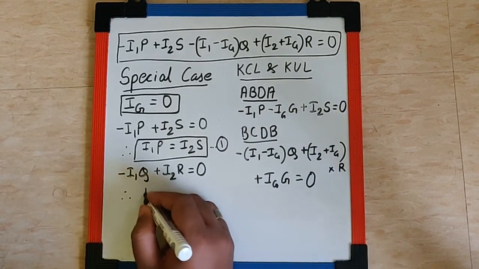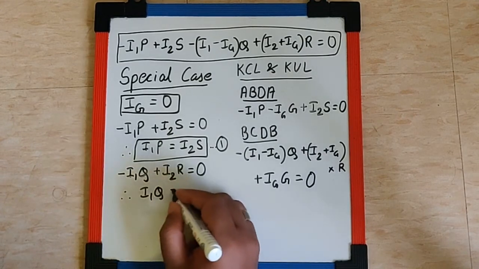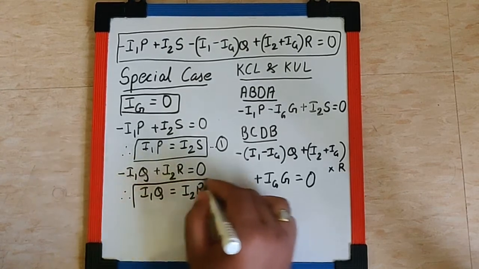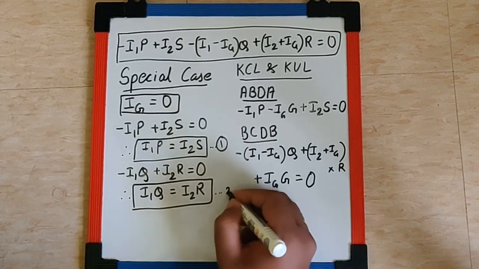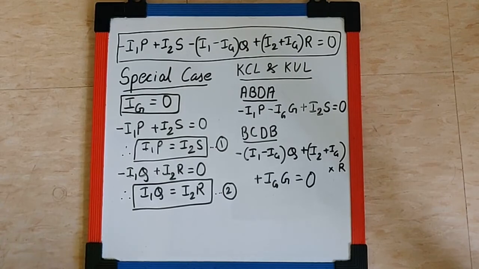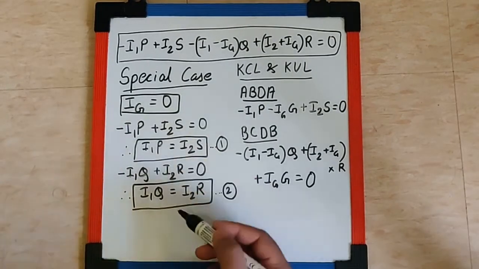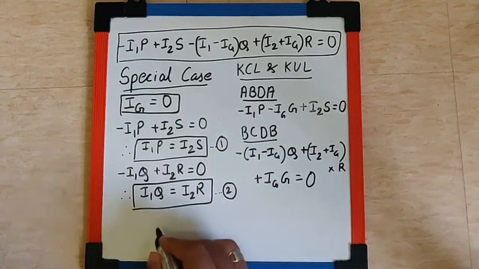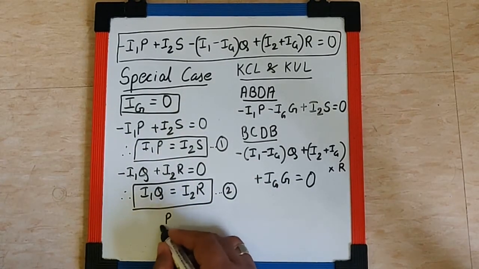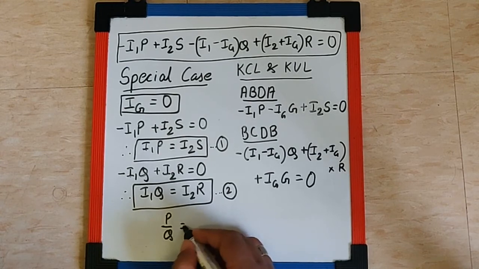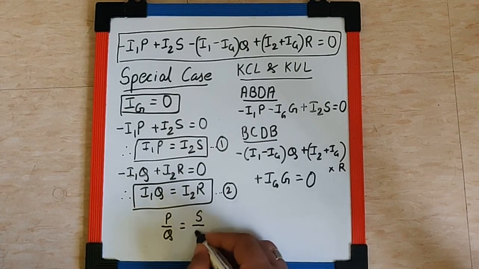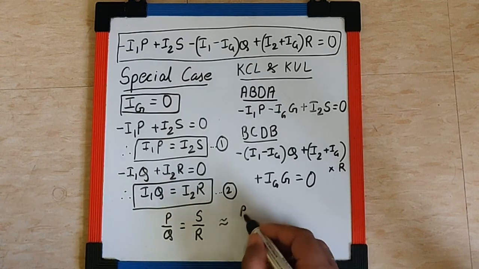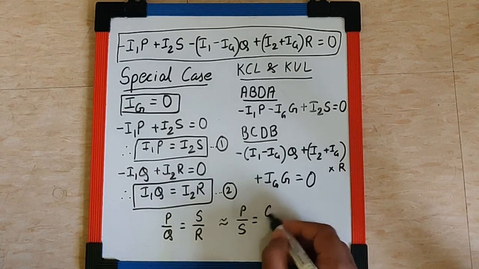So we get I1Q is equal to I2R, and this becomes the second equation. Now if we take the ratio of these two, don't you think I1 will get cancelled and I2 will get cancelled? So we have P by Q is equal to S by R, which can be rearranged as P by S equal to Q by R.